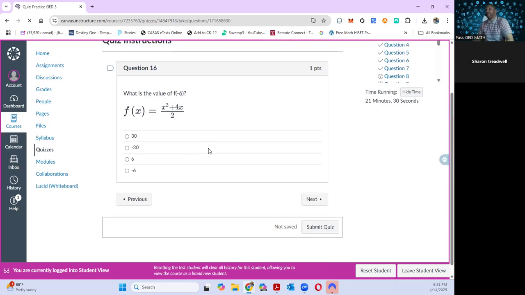What is the value of f of minus 6 given that f of x is equal to x squared plus 4x divided by 2? I don't know, but can I guess? How did you get that one so quick? That is not hard. Oh, wait. Negative.